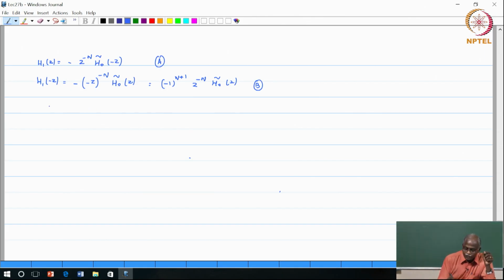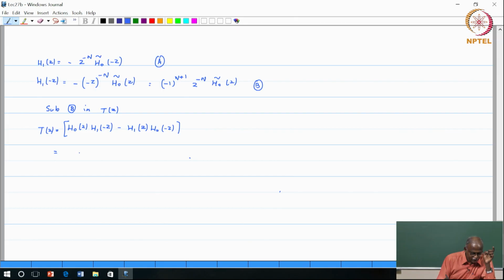Okay. Now substitute B in the expression for T of z. T of z is H naught of z times H1 of minus z, minus H1 of z times H naught of minus z. This is T of z.